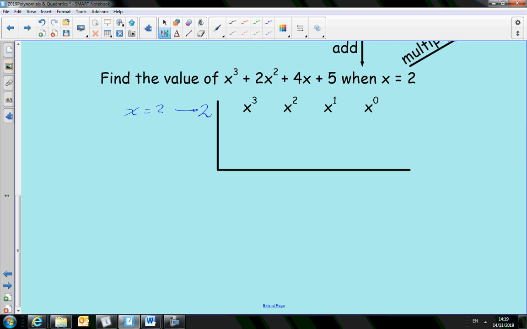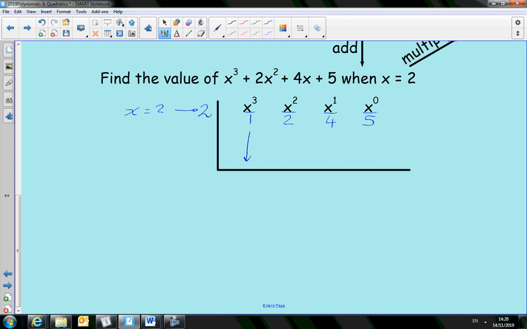We now need our coefficients for x cubed, x squared, x to the 1, and our constant term. So coefficient of x cubed is 1, coefficient of x squared is 2, coefficient of x is 4, and your constant term is 5.